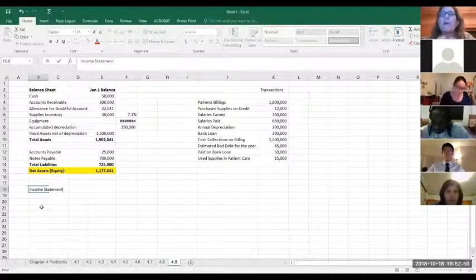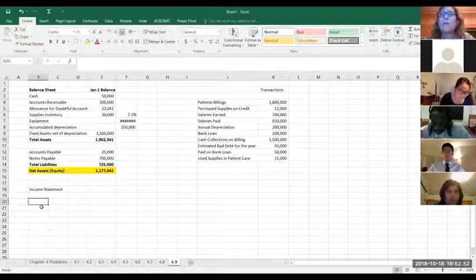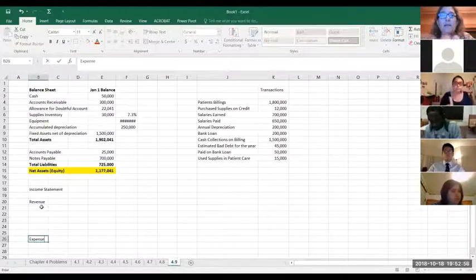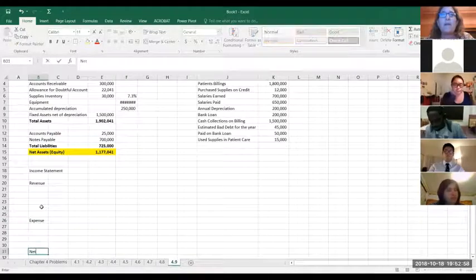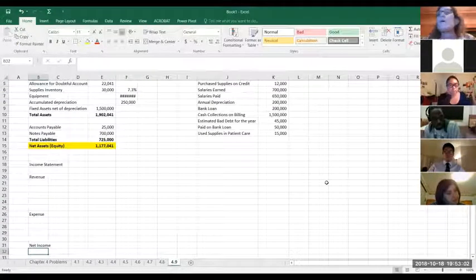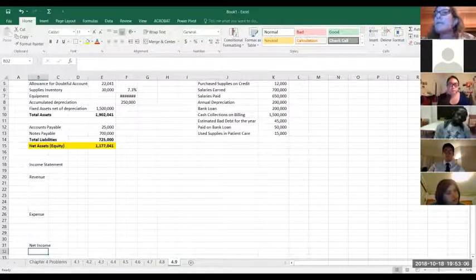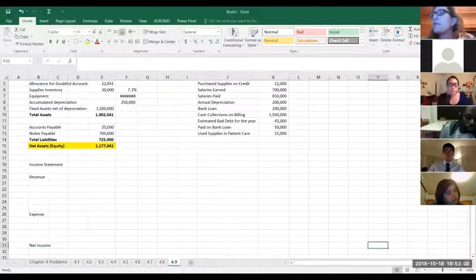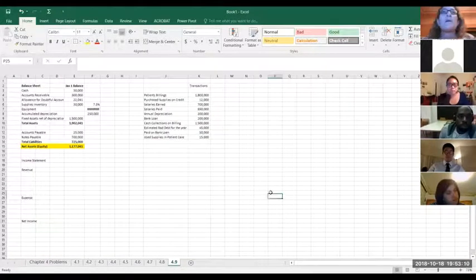Now the first thing, of course, in the income statement is the revenue, right? And then we have expense. We have net income, right? How that works, right? And I'm going to just make this a little bit smaller so we can see it all. Okay. All right, everybody, can you see it okay?